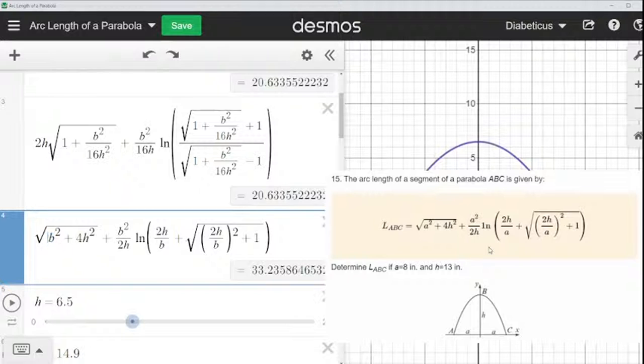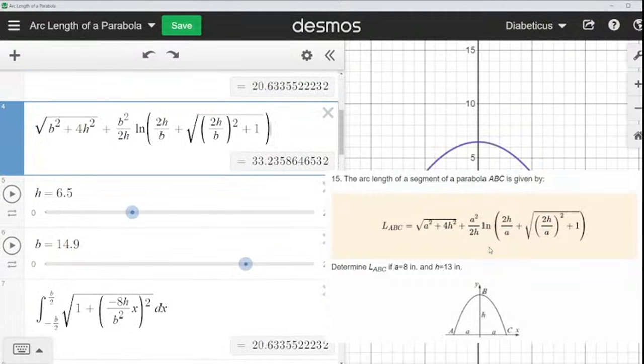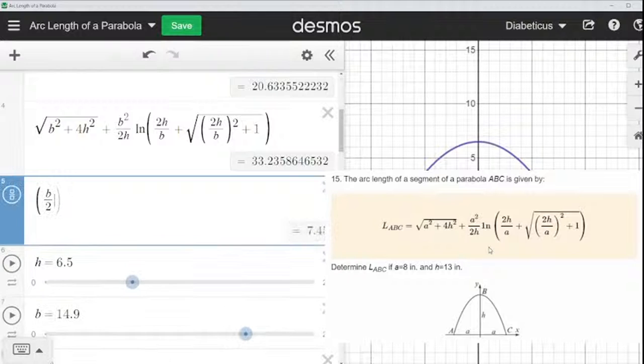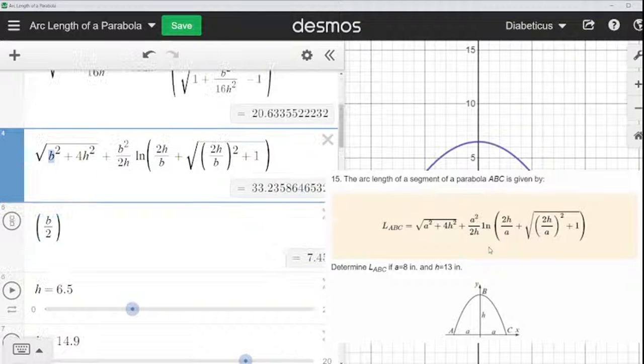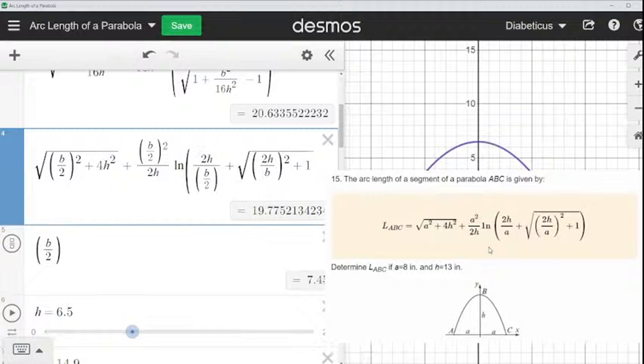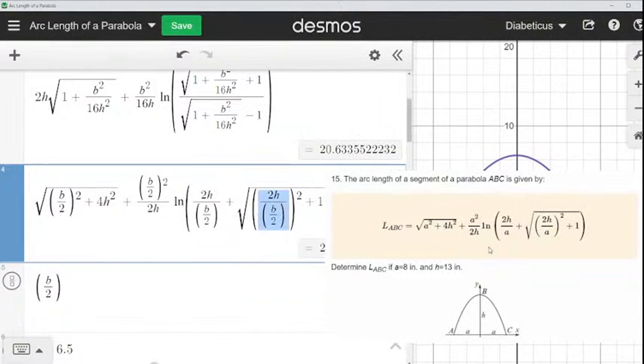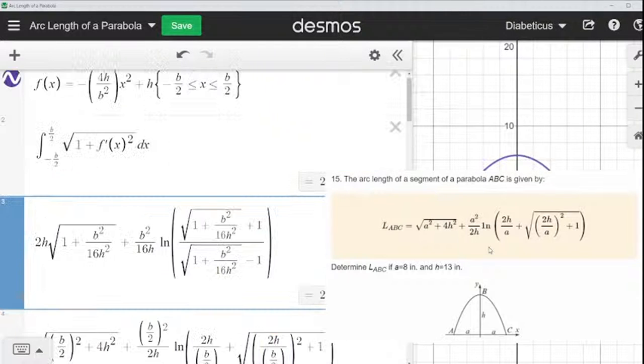So let B be B over 2. Okay. Let me do a copy-pasting feel for this. So this to that, to that, to that, to that. Okay. There we go. Same thing. It's just that A is just half of the thing. Okay.